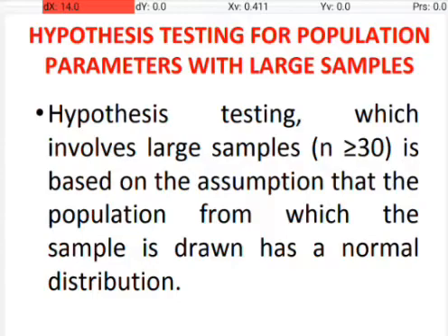Now, hypothesis testing which involves a large sample is based on the assumption that the population from which the sample is drawn has a normal distribution. So take note of that.